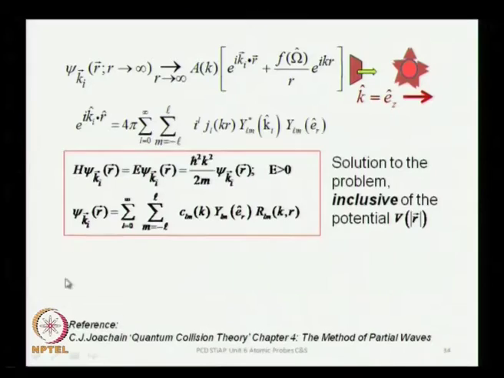So, we will plug in that information, and then from the difference between this and the plane wave, or by matching the coefficients, you will get the exact c's, which are the unknown coefficients.